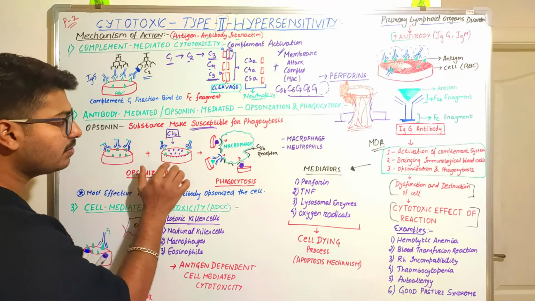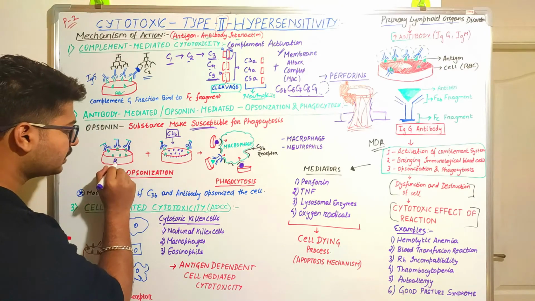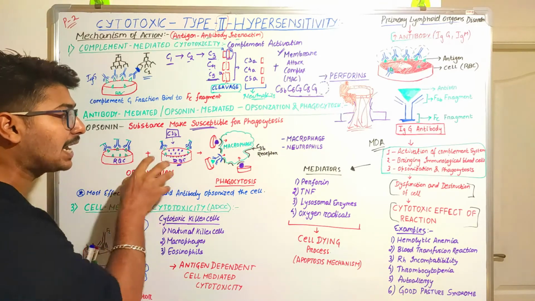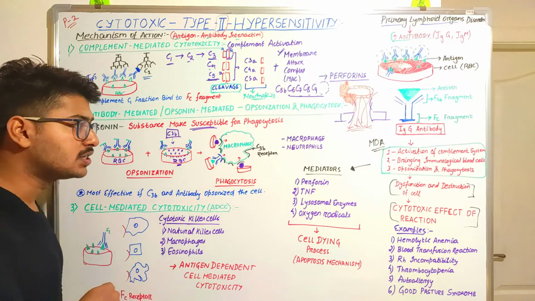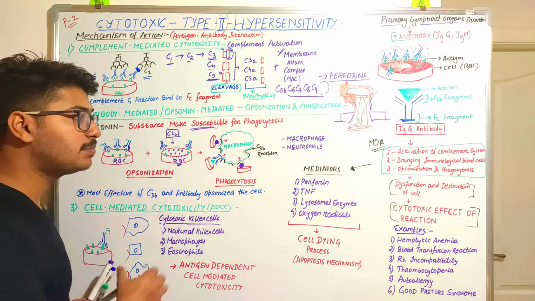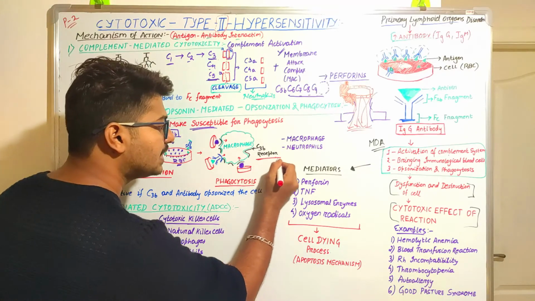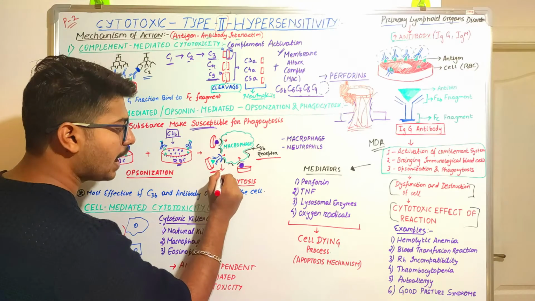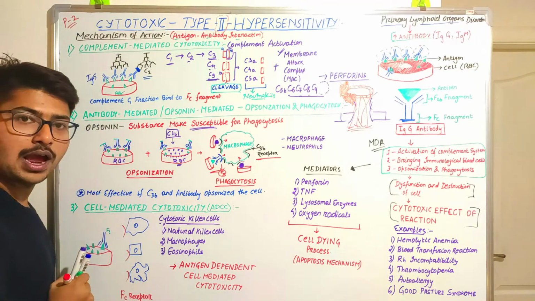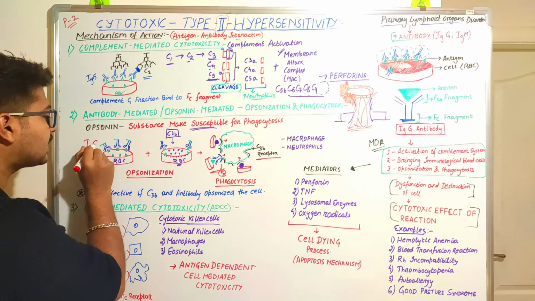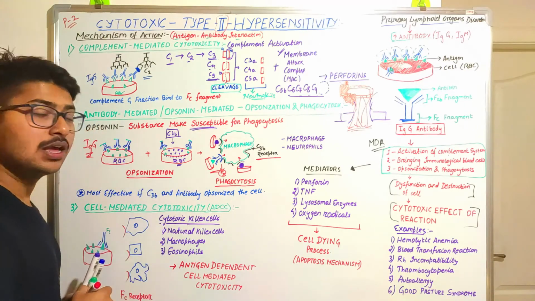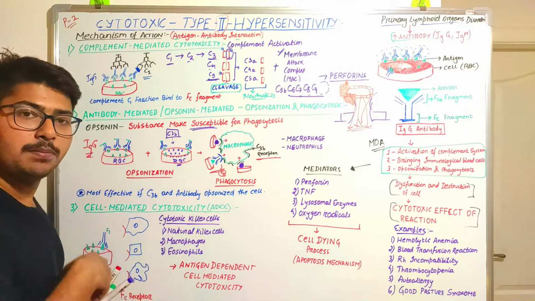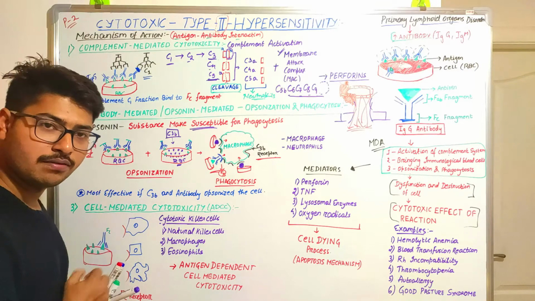When the RBC is opsonized, this will attract the macrophage, because the macrophage has a special receptor for the C3b component and also a special Fc receptor for the Fc component of the antibody. As we know, this antibody is IgG, so it will have a special Fc receptor for the antibody. Then the macrophage will perform its action by the process of phagocytosis.